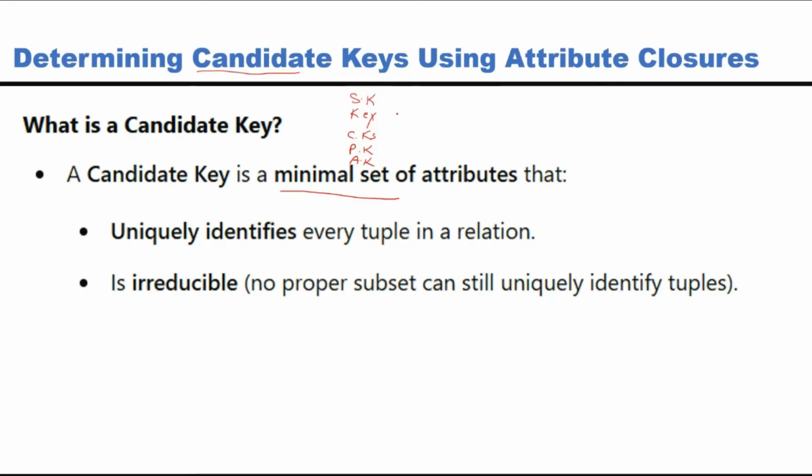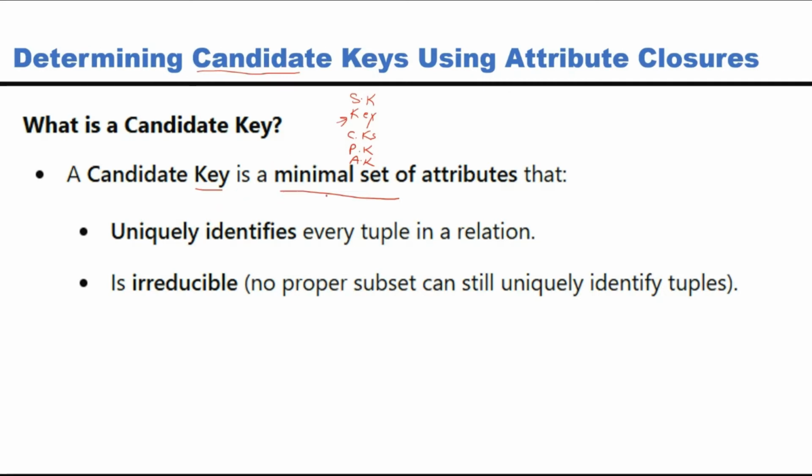Then we can have a compound key also. All of you remember these types of keys. So a candidate key is a key only because it's a singular term. Otherwise candidate keys is the plural term.